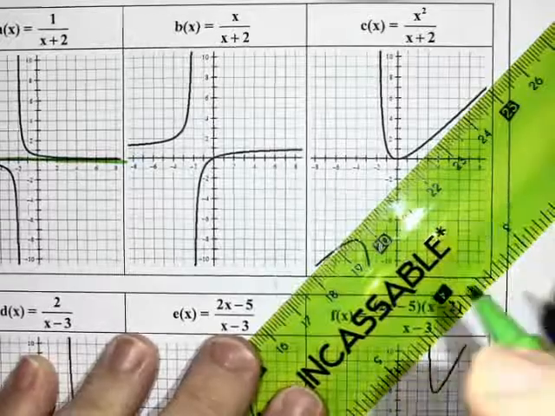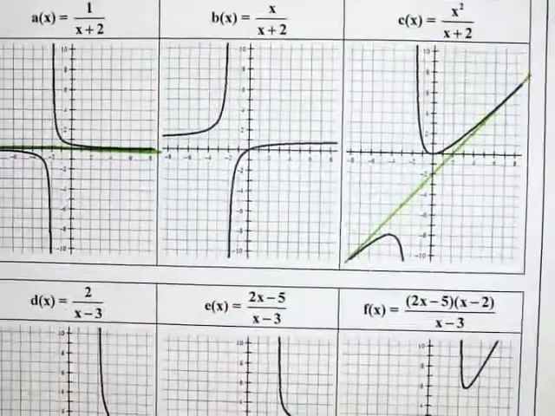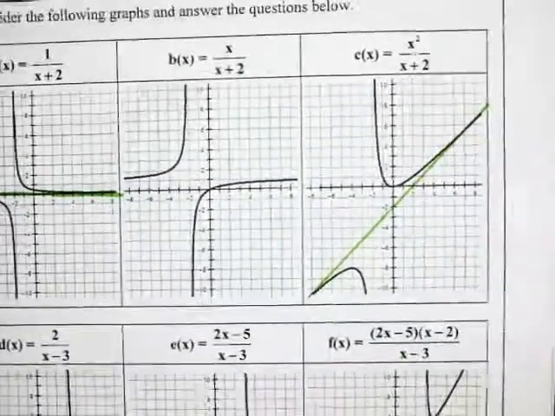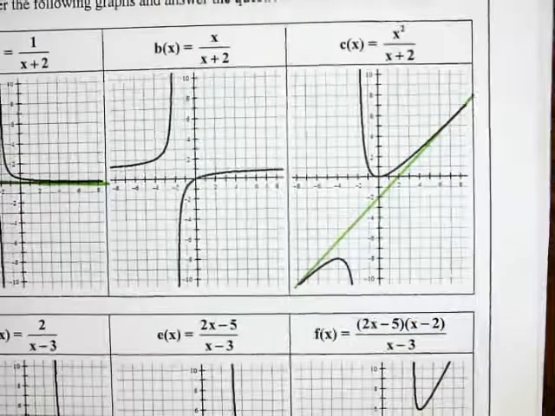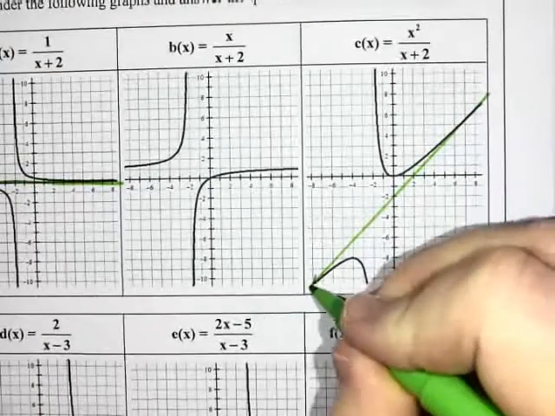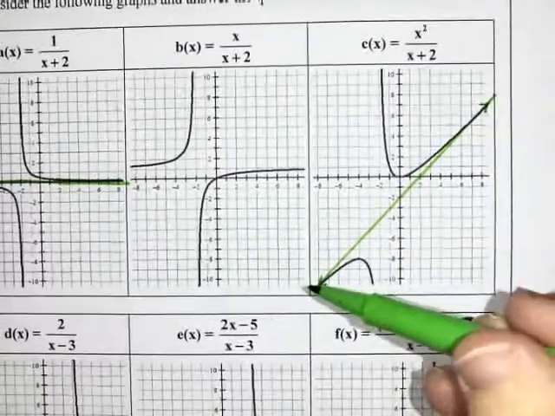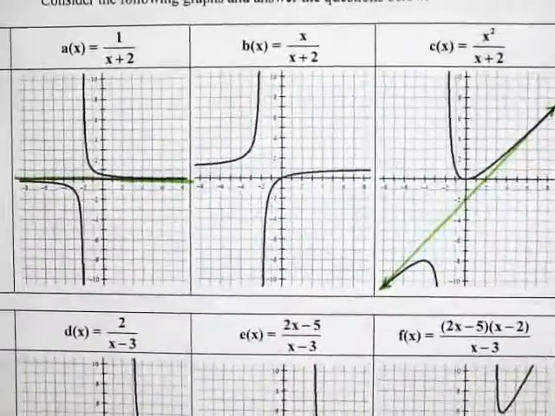I think they are actually following a diagonal line. So this one would have a horizontal asymptote, and this one would have an oblique asymptote. When you're trying to find your asymptote, you want to look at the ends. As it goes to negative infinity, as it goes to positive infinity, where are those ends going?